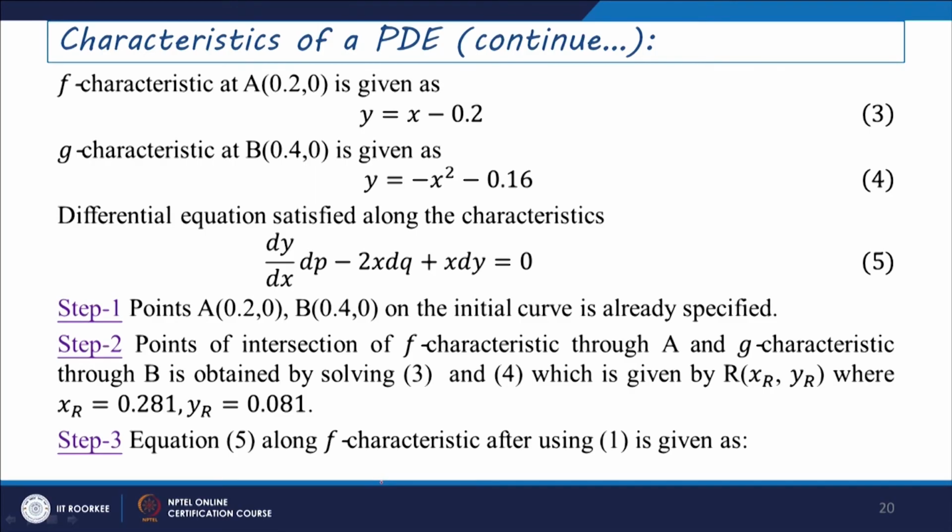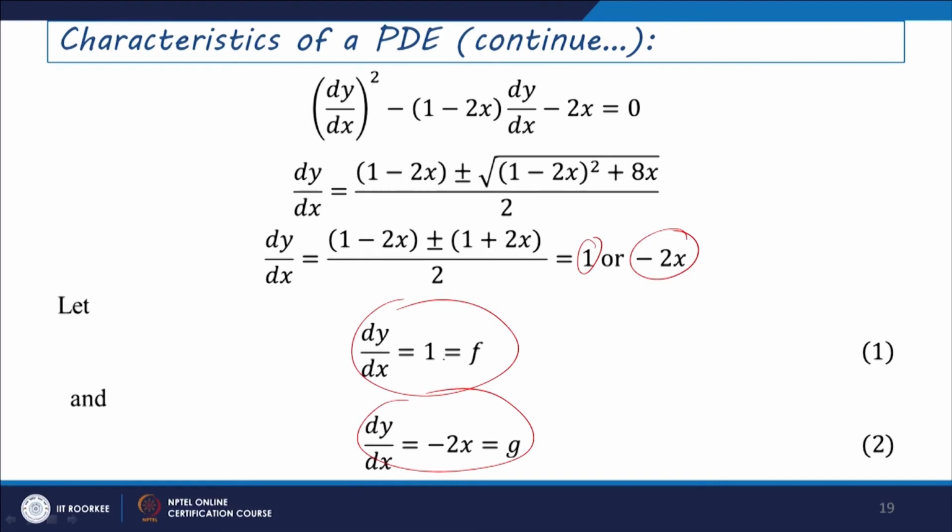Since we are integrating dy along x here, the range varies, and yR − yA is nothing but fA into (xR − xA).